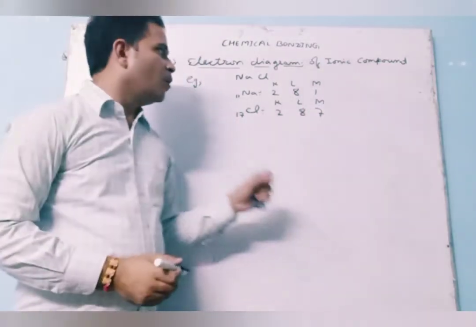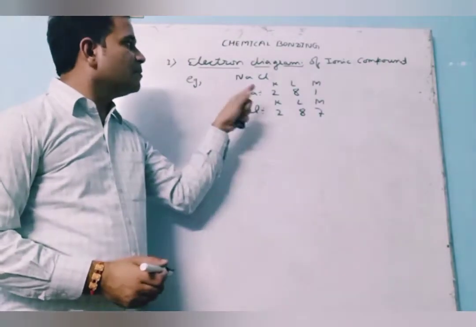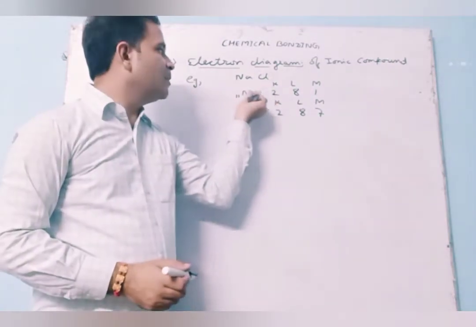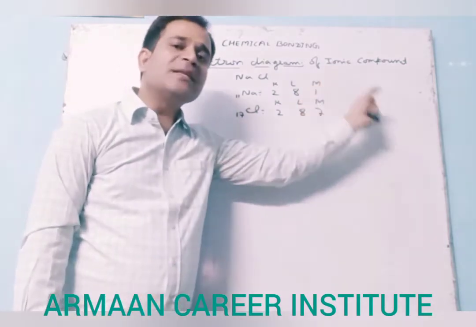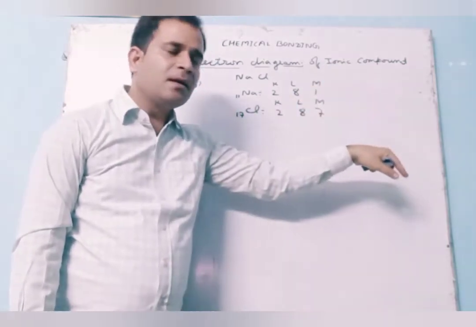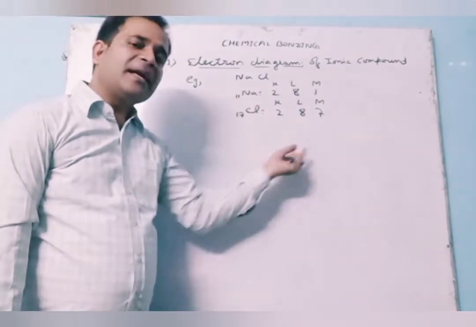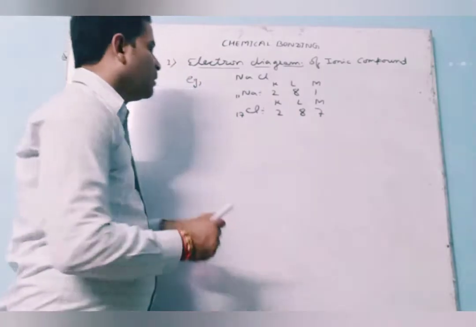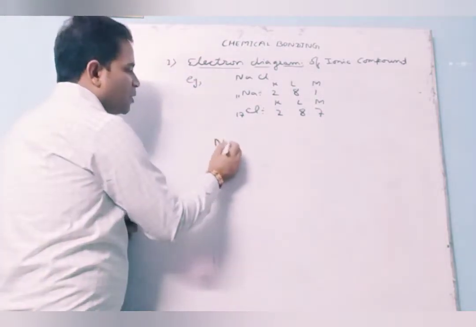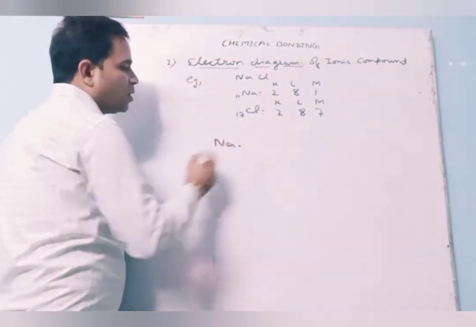So now, to become stable, the sodium loses the one electron present in its valence shell, while the chlorine gains 1 electron to become stable. So see, here we make 1 dot.